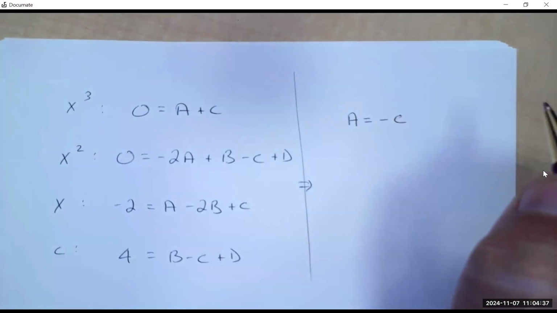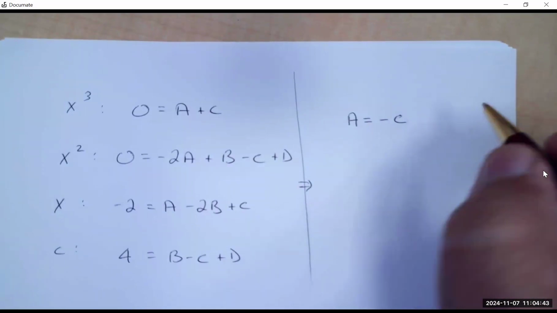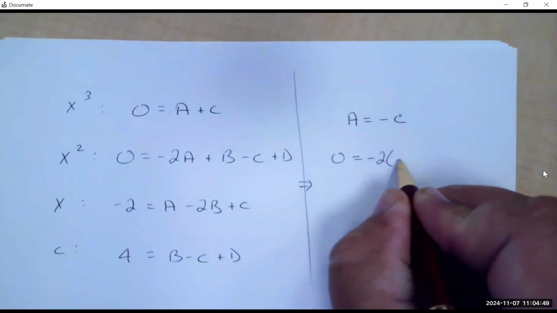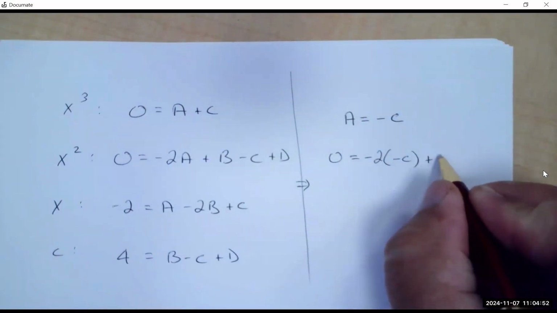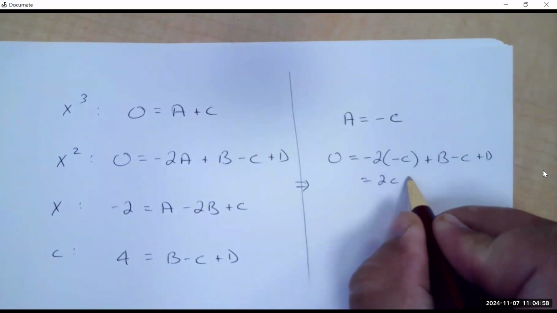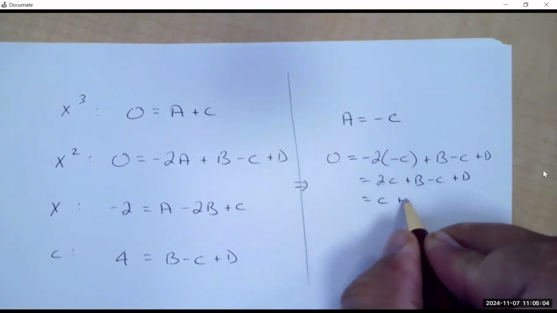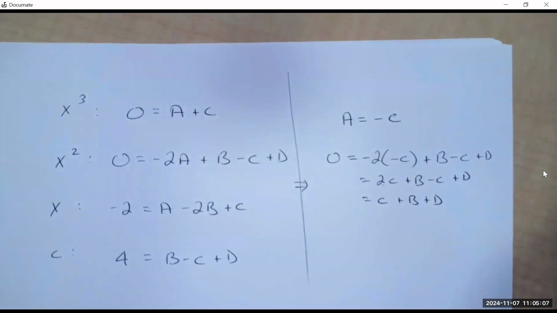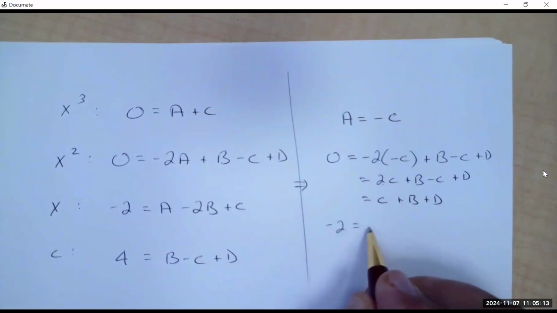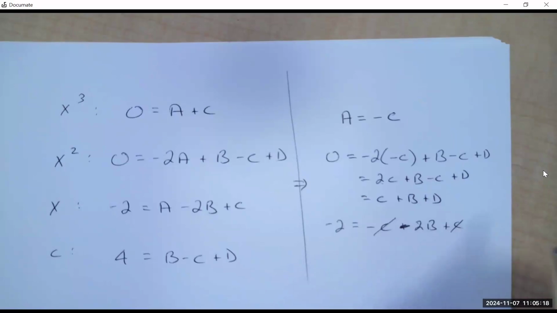So A equals negative C. Negative 2 times negative C plus B minus C plus D makes it 2C plus B minus C plus D. 2 minus 1 is C. Negative 2 equals negative C minus 2B plus C. The C's cancel.